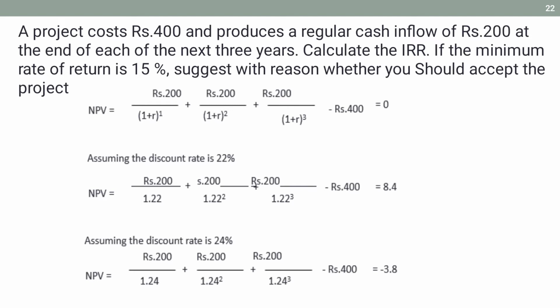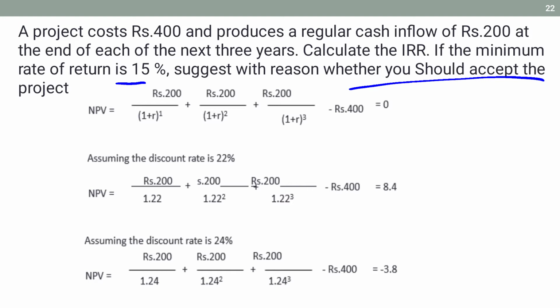A project costs 400 million, the values are in million, and produces a regular cash flow of 200 million at the end of each of the next 3 years. Calculate the IRR. If the minimum rate of return is 15%, suggest with reason whether you should accept the project or not.